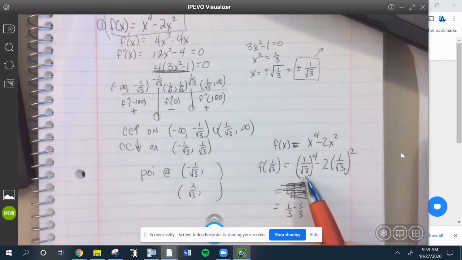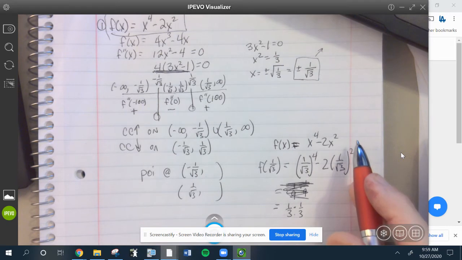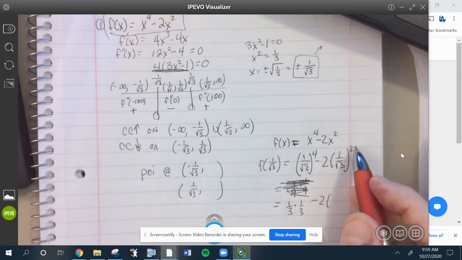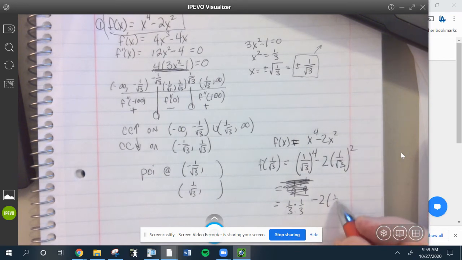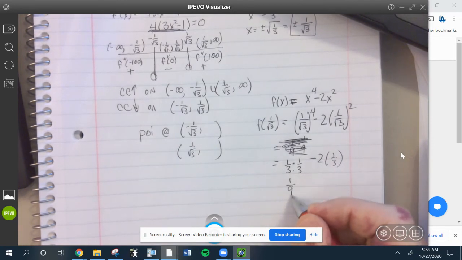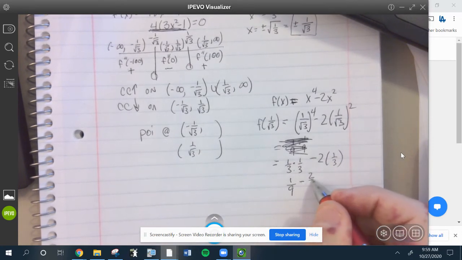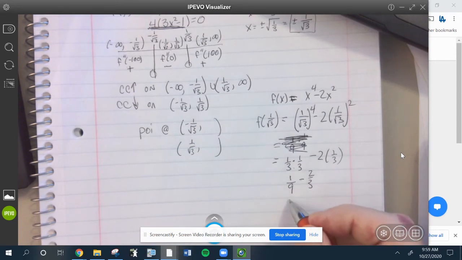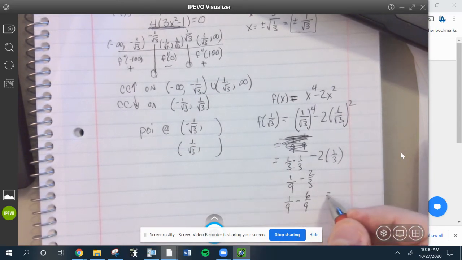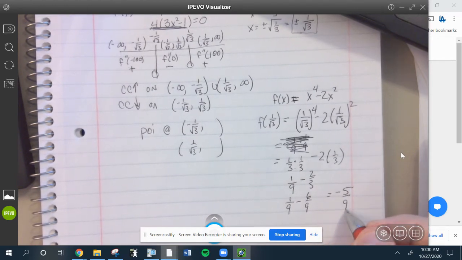Again, you're just multiplying 1 over root 3 times itself 4 times. That's how I'm choosing to think about it. If you want to write it out, go ahead. So 2 times 1 over root 3 times 1 over root 3 is 1 over 3. So we have 1 over 9 minus 2 over 3, which is 1 over 9 minus 6 over 9, which is negative 5 over 9.